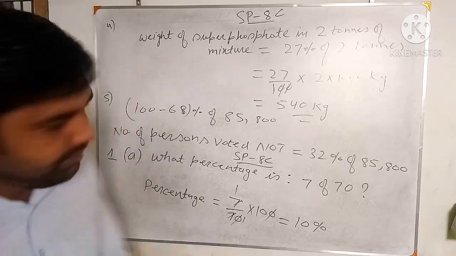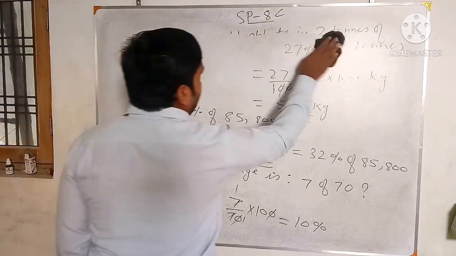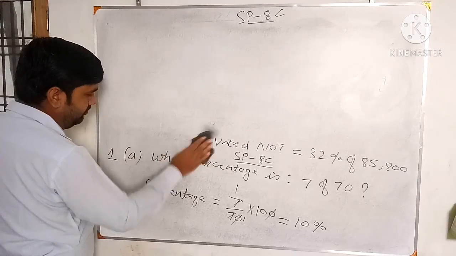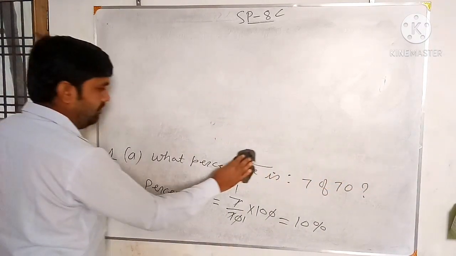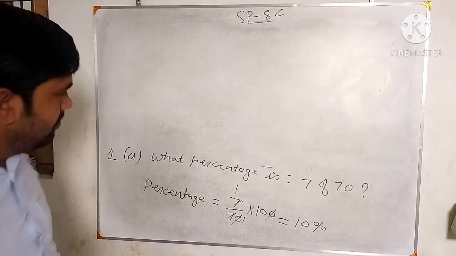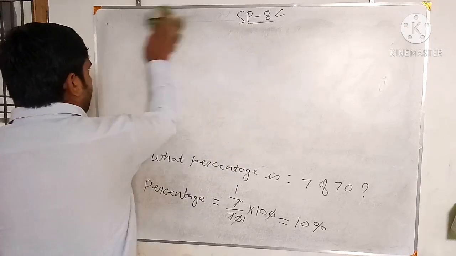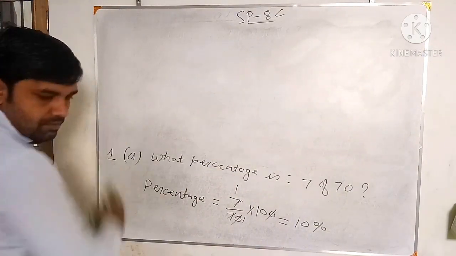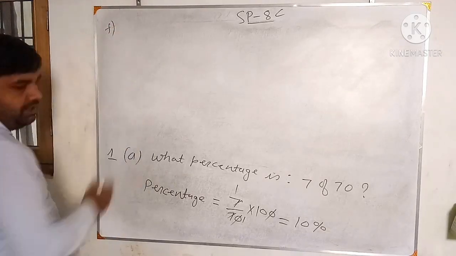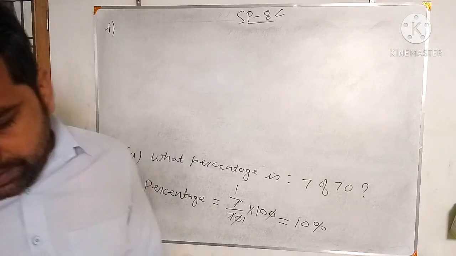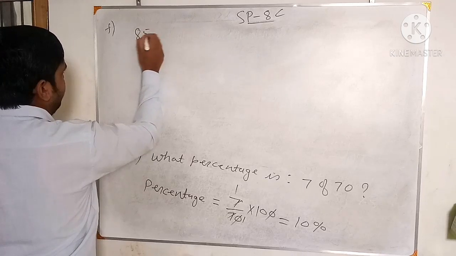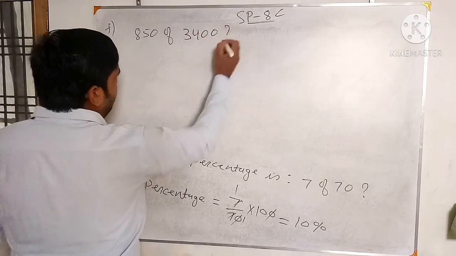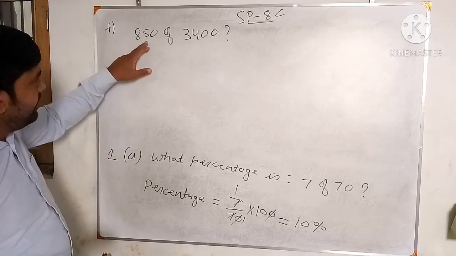Now we see question number F. In this the same question is asked: what percentage is 850 of 3400?